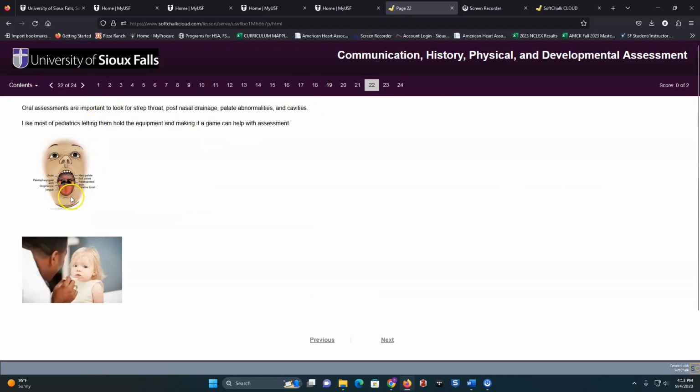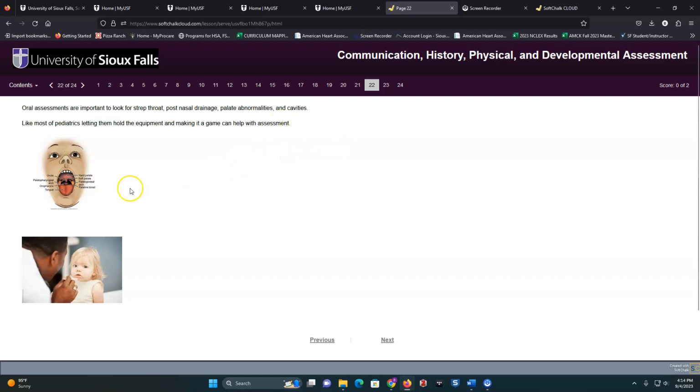Oral assessment, so have them open up. You're looking at the tonsils, the tongue, and the hard palate, looking for any anomalies. Let them hold the tongue depressor before doing it. If you can do it without the tongue depressor, that will help your relationship. Most people do not like being gagged, and kids are included with this one. So if you use the tongue depressor and gag them, that relationship's probably going to be harmed.